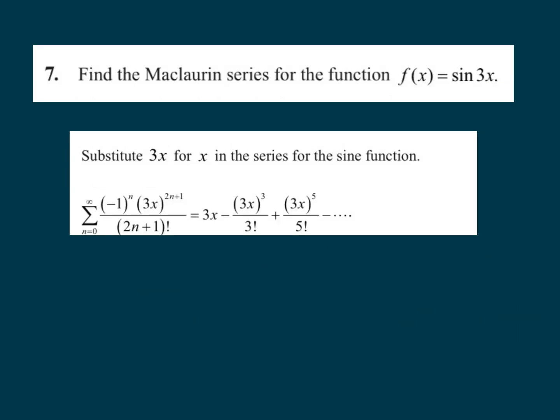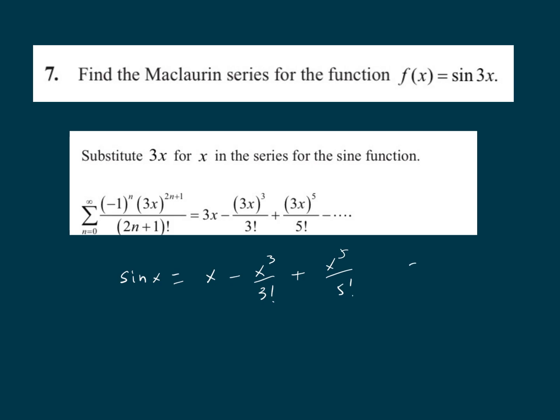The next problem says find the Maclaurin series of the function sine of x. So we do the same thing. Sine of x is x minus x cubed divided by 3 factorial plus x to the 5 divided by 5 factorial.